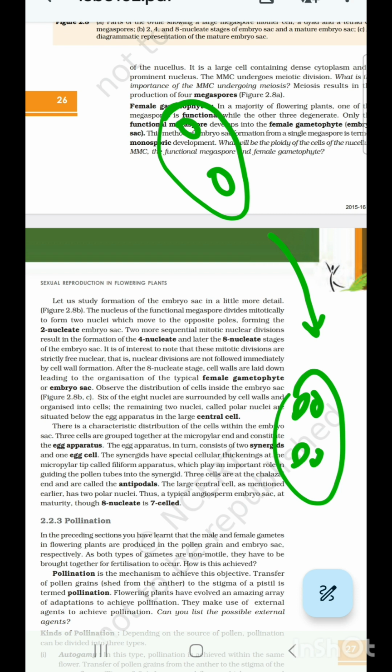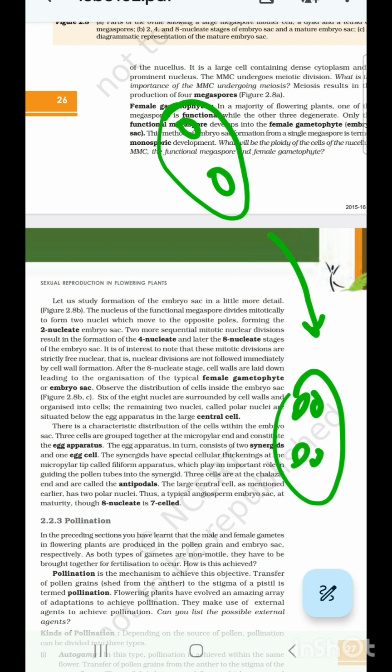It is of interest to note that these mitotic divisions are strictly free nuclear, that is, nuclear divisions that are not followed by immediate cell division. They divide freely without any cell wall formation. After the eight-nucleate stage, cell walls are laid down, leading to the organization of a typical female gametophyte or embryo sac.